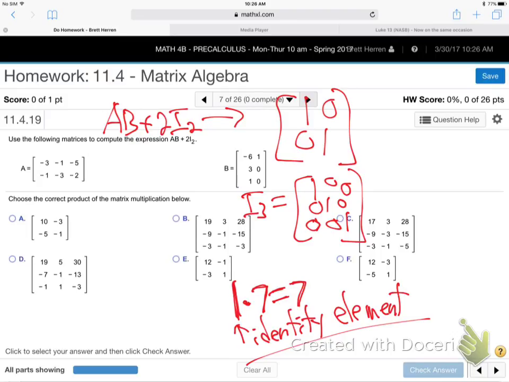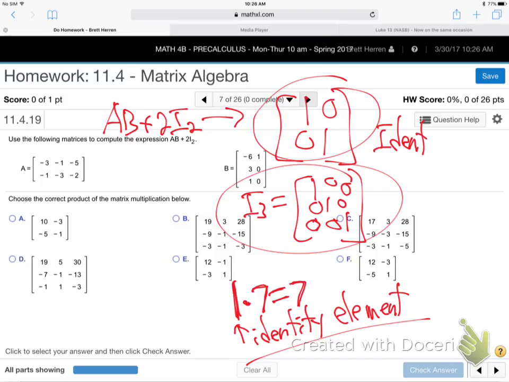If you take 7 times it, it gives you back 7. You take 10 times it, it gives you back 10. It's the identity element. That's what we generally call whoever plays the role of 1 in a math world. So in the world of matrices, these guys are the identity elements. Meaning, if you multiply any other matrix by them, you'll get back what you started with.